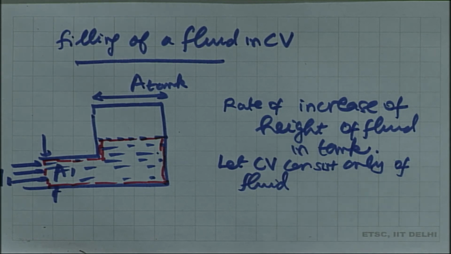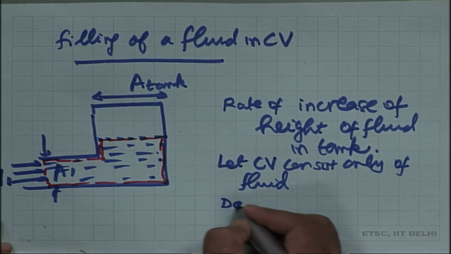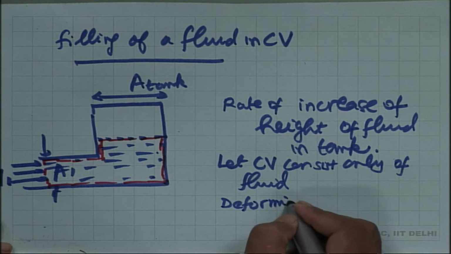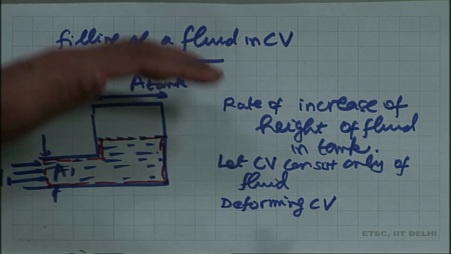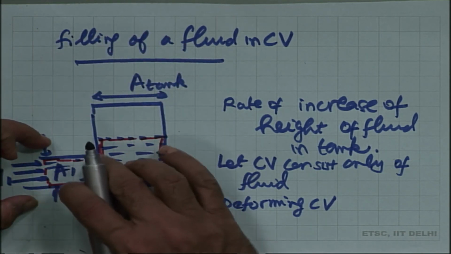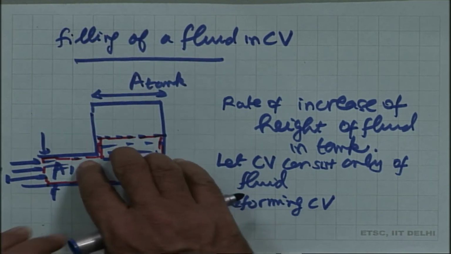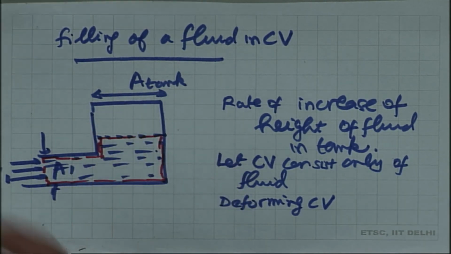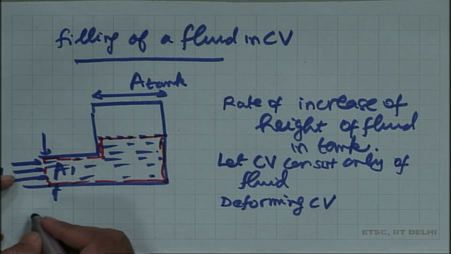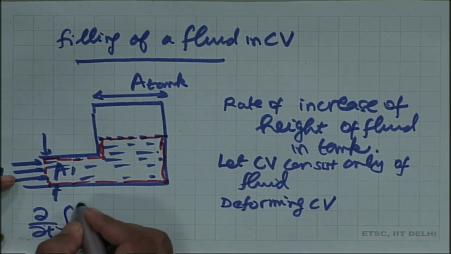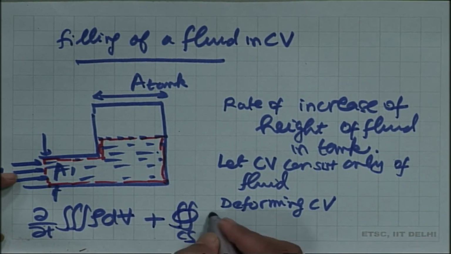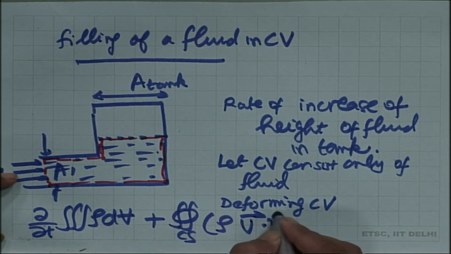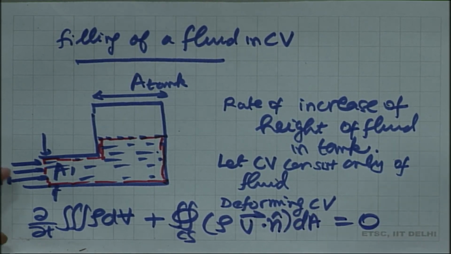So, in this case this control volume is a deforming control volume, because as water fills in, since my control volume is coinciding with the water surface, the volume of the control volume also increases. So, now when I calculate d by dt of the volume integral of rho dV plus the integral over the control surface of rho v dot n dA is equal to 0.